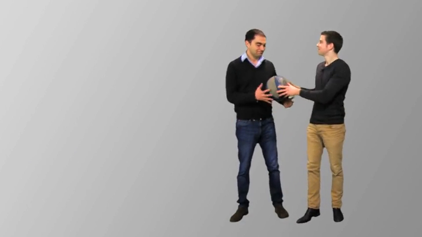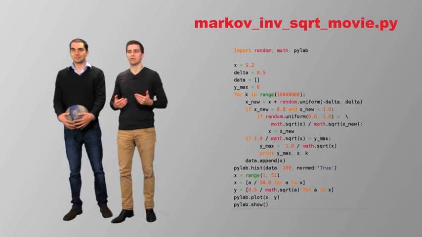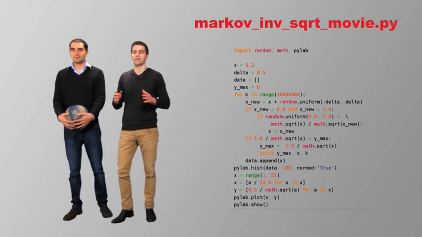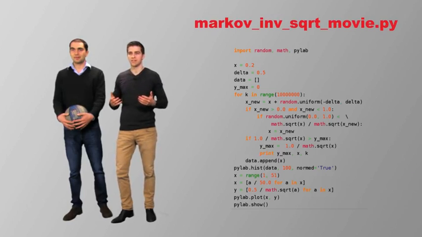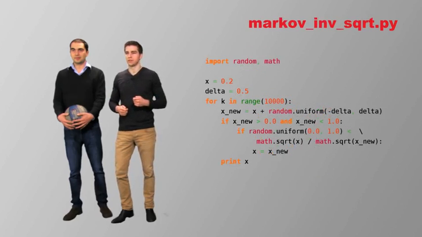Before Alberto will next introduce the method of Taylor sampling, I invite you to take a look at Markov inf square root movie.py and take it apart, just in case you still doubt the existence of divergent distributions. Get it to run for other values of the exponent.